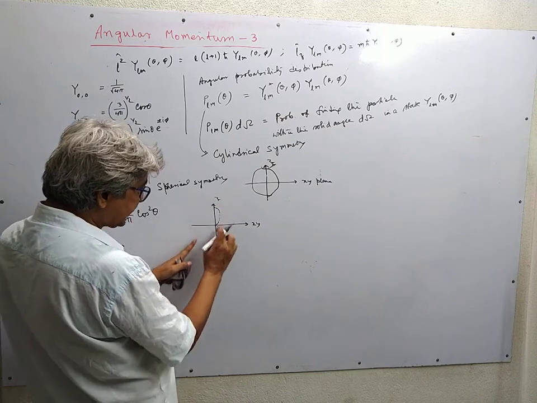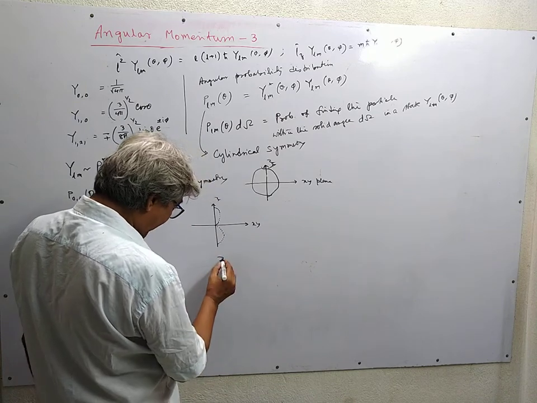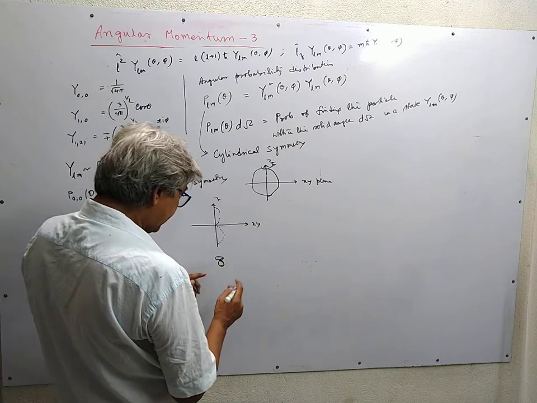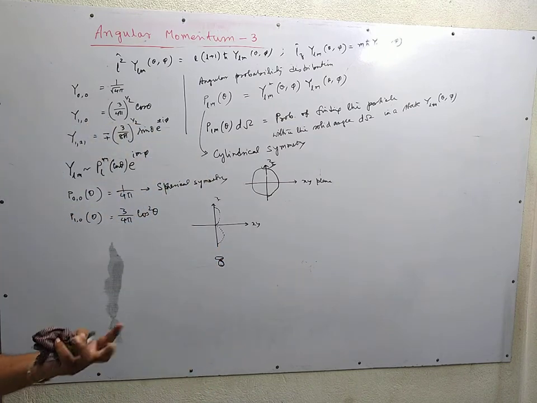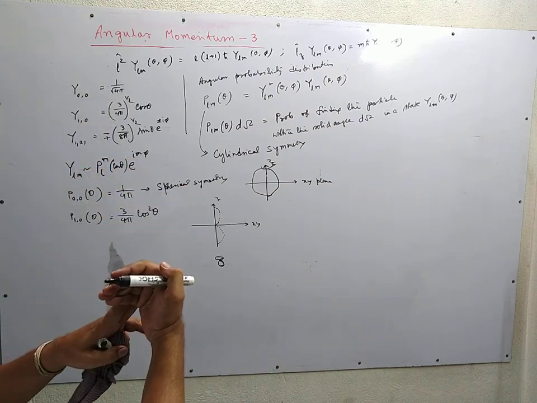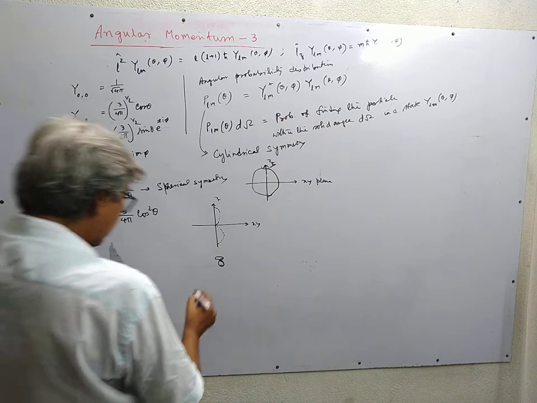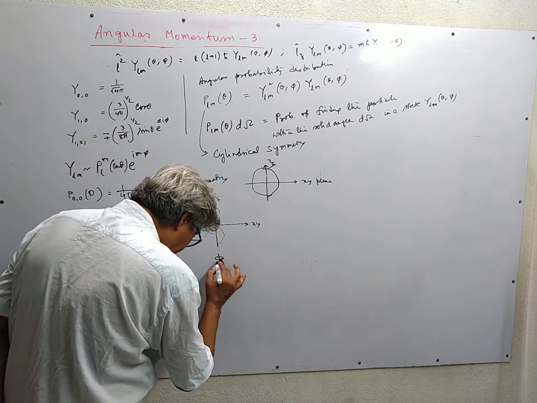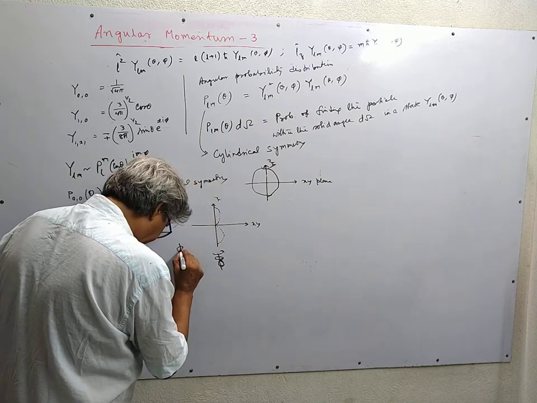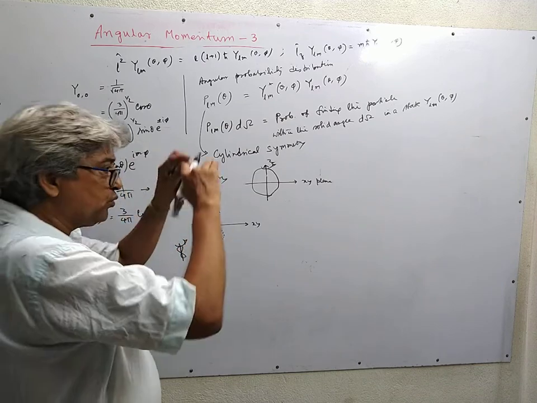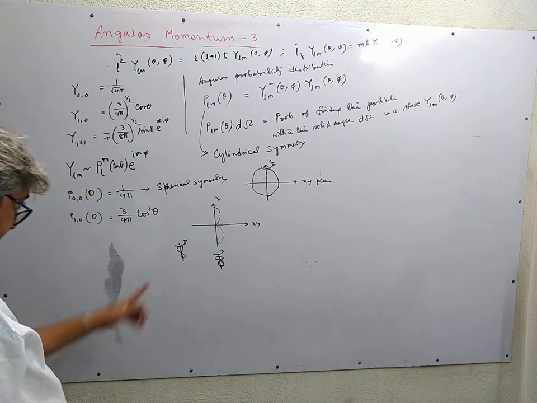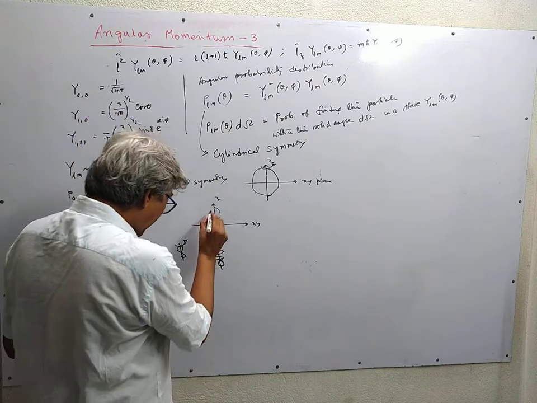So it is a figure-eight-like structure. When it is rotated about the z-axis, we get a solid structure, an upper lobe and a lower lobe, like two spheres.